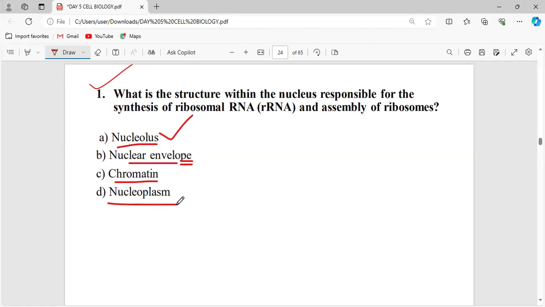See, we know that the cell has a cytoplasm, through which all the organelles are present. In the same way, we also have a nucleus. Inside the nucleus, there is a gelatinous or gel-like substance, which is called the nucleoplasm. Very good. Just like the cytoplasm, in the nucleus we call it the nucleoplasm.